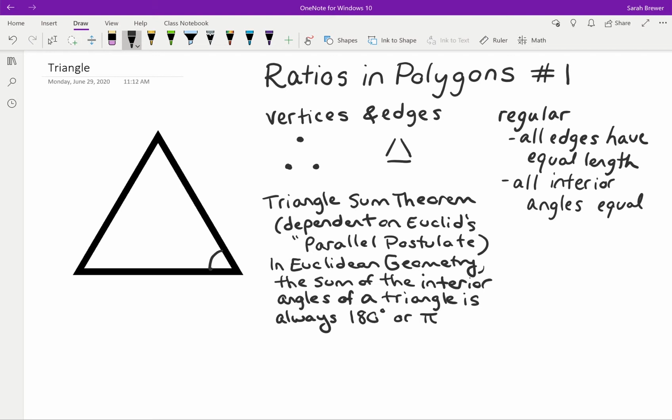So if all of our interior angles are equal and they all sum to 180 degrees or pi radians, that means that each one of these three angles in our triangle is equal to 60 degrees or pi over 3 radians. Radians and degrees both have their pros and cons.